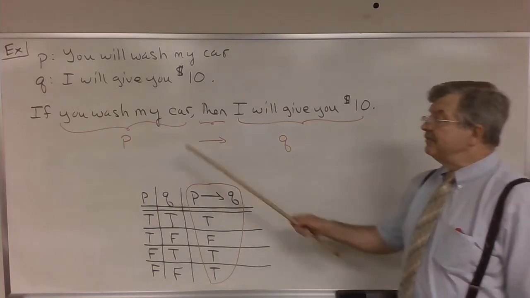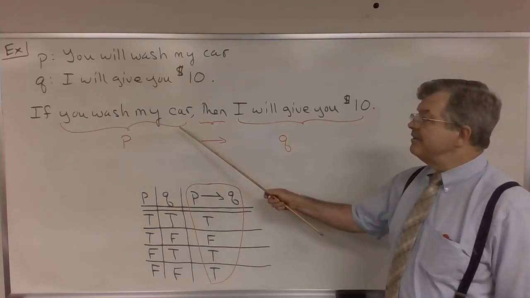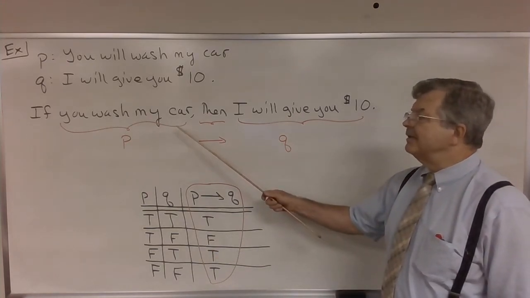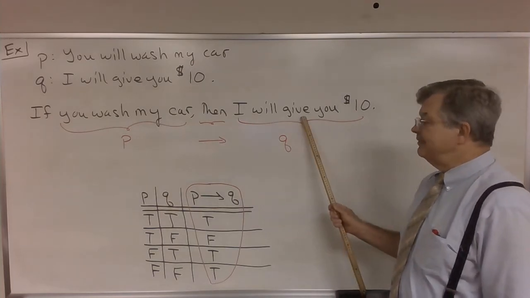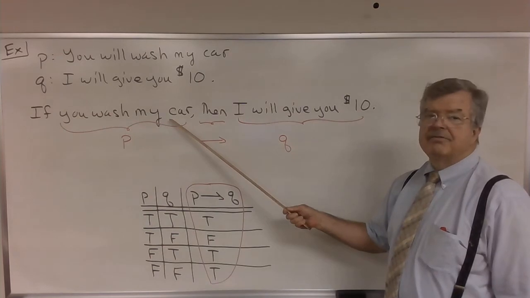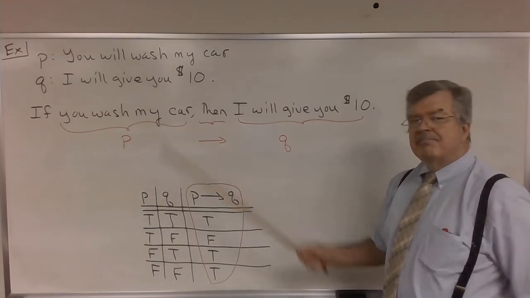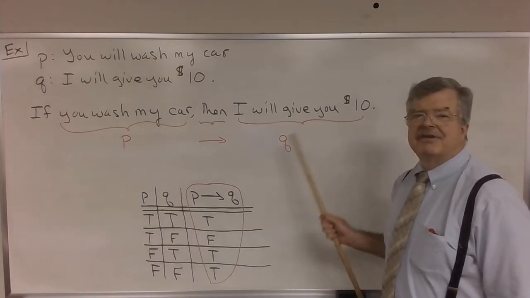Now, let's take this statement again and look at the third set of values. I tell you, if you wash my car, then I will give you $10. You don't wash my car. But I'm such a nice guy, I give you $10 anyway.